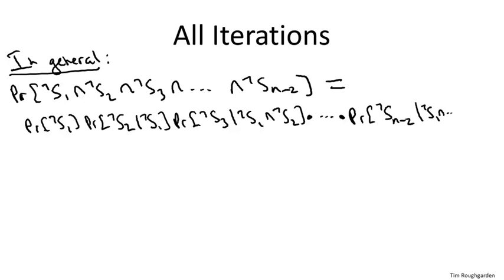Using the definition of conditional probabilities, this is just the probability that we don't screw up in the first iteration times the probability that we don't screw up in the second iteration, given that we didn't screw up in the first iteration, and so on.